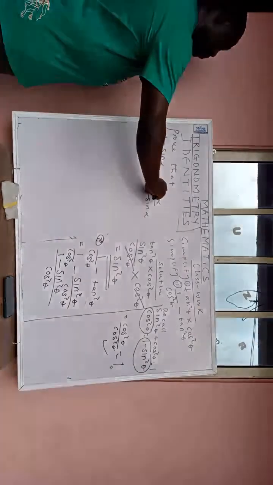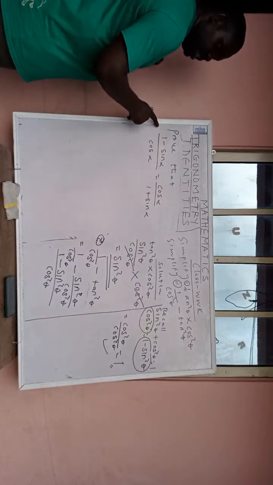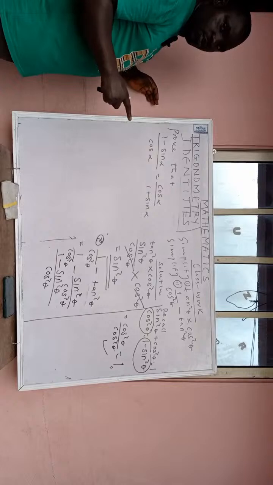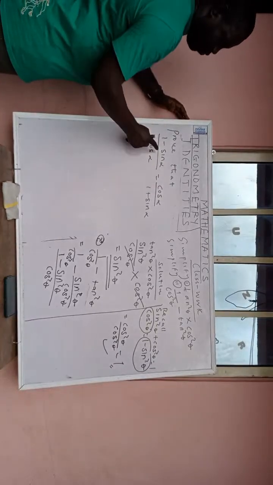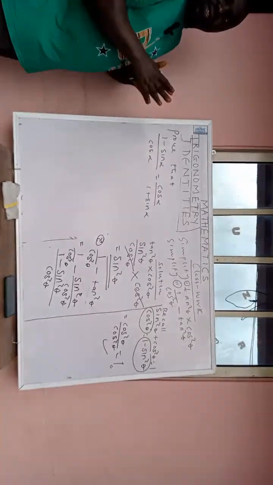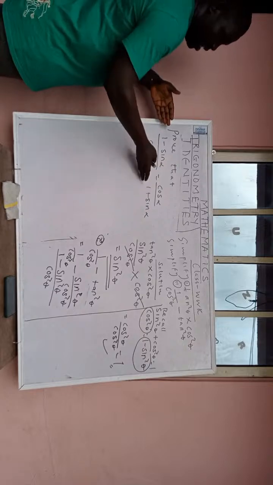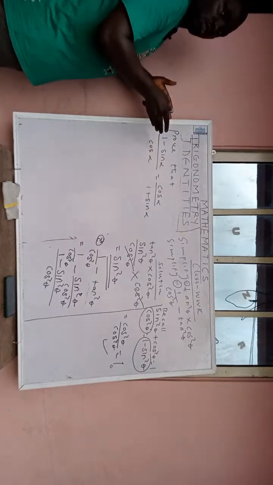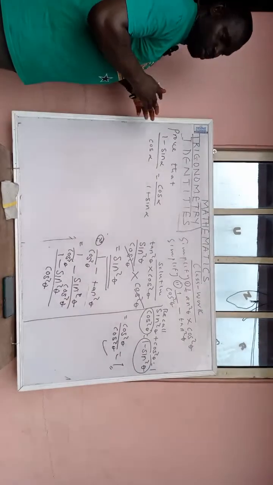If I pick the right hand side and I solve and I get what is at the left, I've proved the question. If I pick this and subtract this from this and I get 0, I've proved the question. If I pick this and divide it by this and I solve and I get unity, that is 1, I have proved the question.